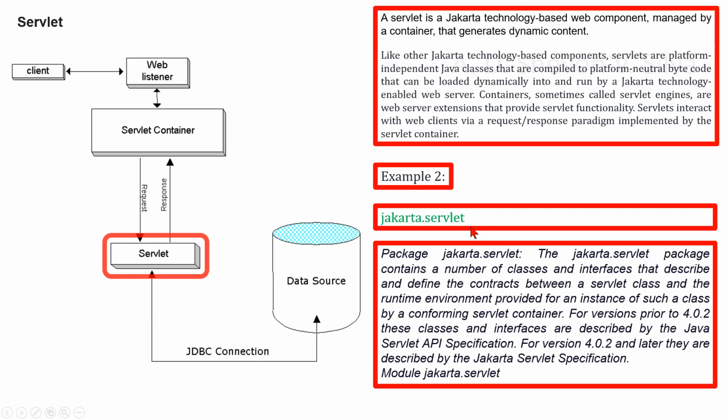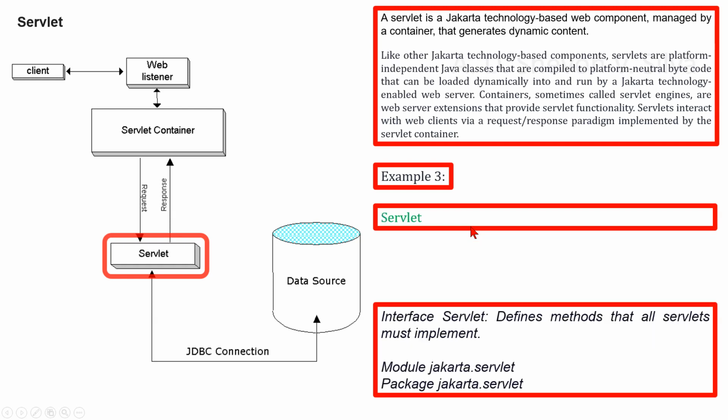For versions prior to 4.0.2, these classes and interfaces are described by the Java Servlet API specification. For versions 4.0.2 and later, they are described by the Jakarta Servlet specification. This is in module jakarta.servlet.